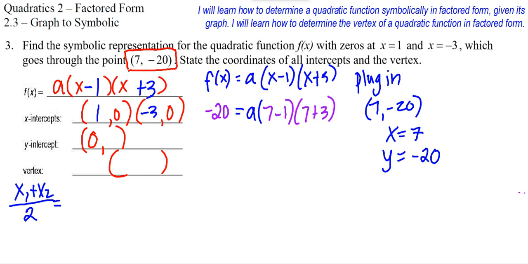I hope this is not too confusing. 7 minus 1 is 6, 7 plus 3 is 10, and 6 times 10 is 60.